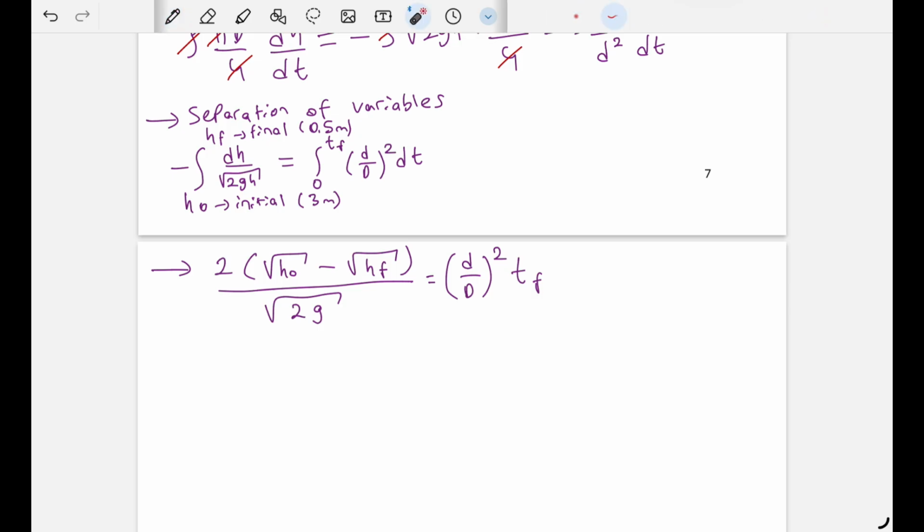So this is what we are getting after taking integrals of these equations. So you can work on coming from this to the final calculation.